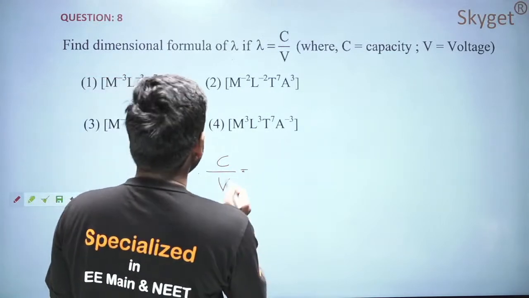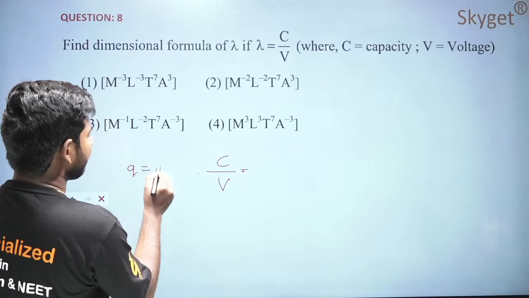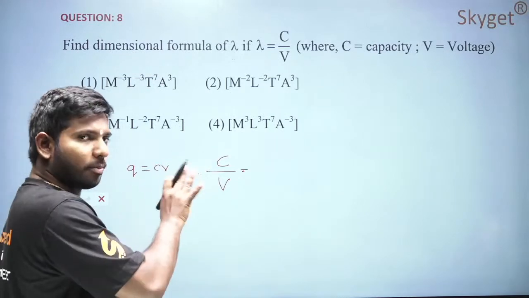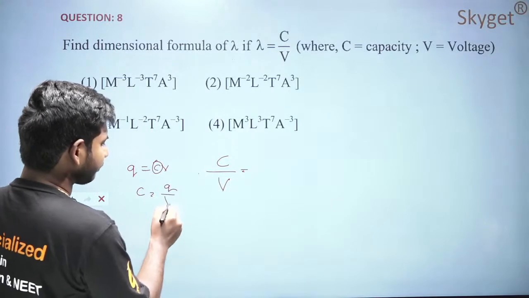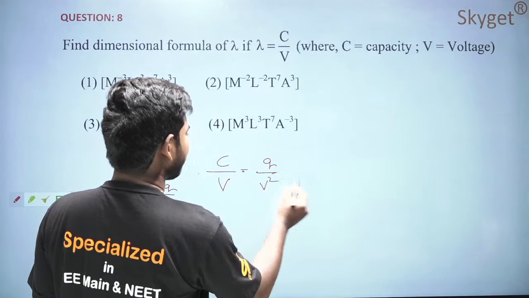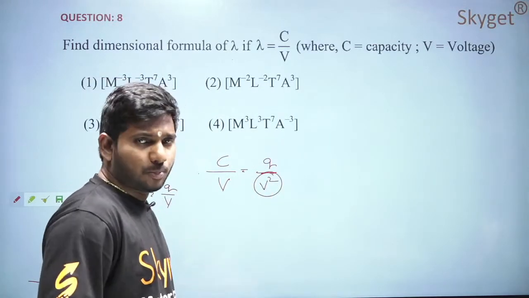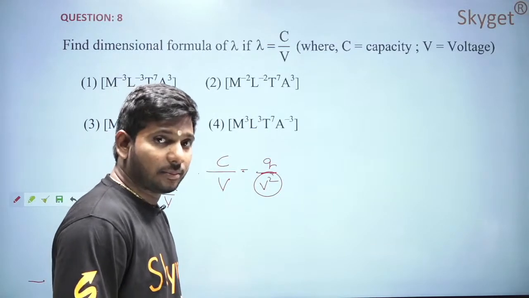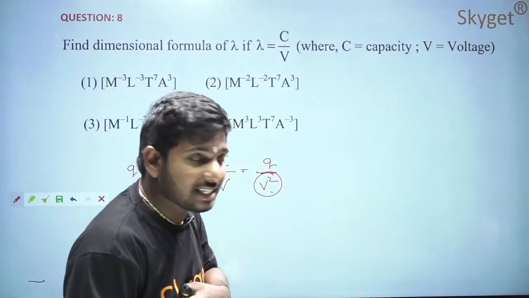So C, you know that, students, Q is equal to CV is the formula. So C can be written as Q by V. Substitute C as Q by V, then that will become Q by V square. V is potential, which has an electric term in it, but try to relate potential to our mechanical terms which are easy to remember.